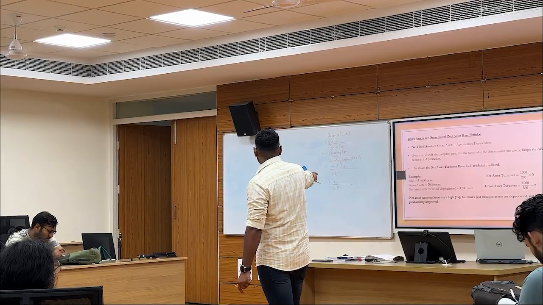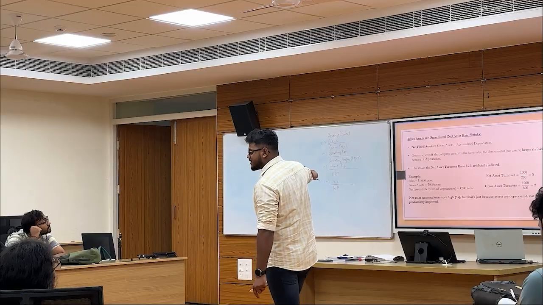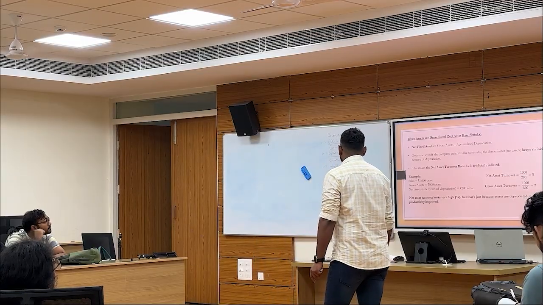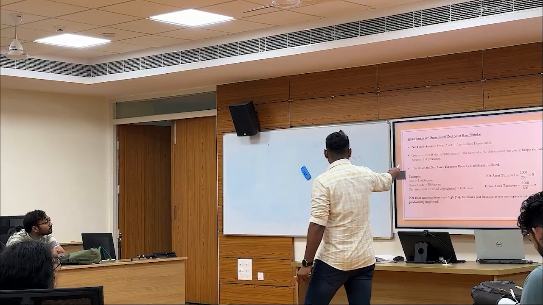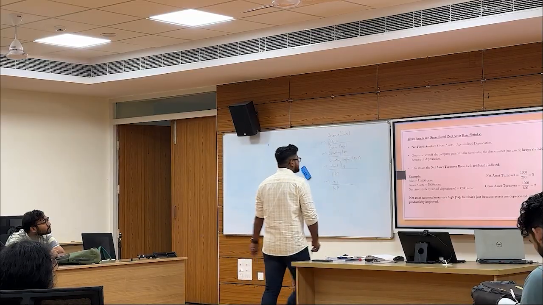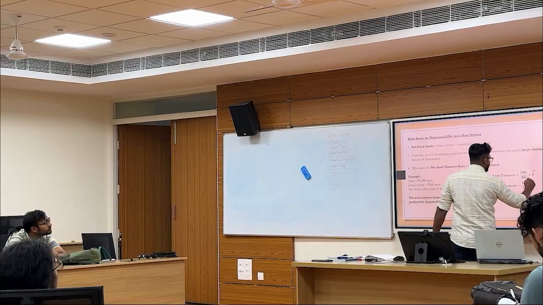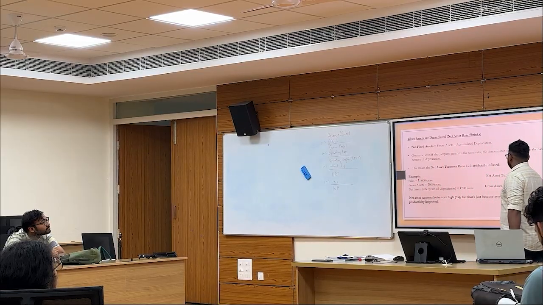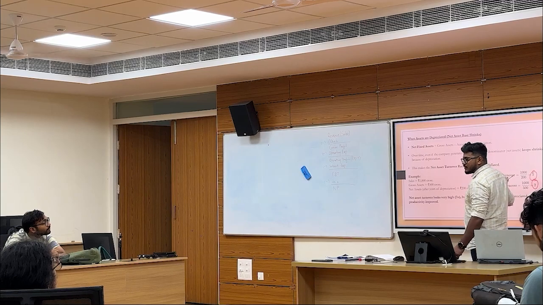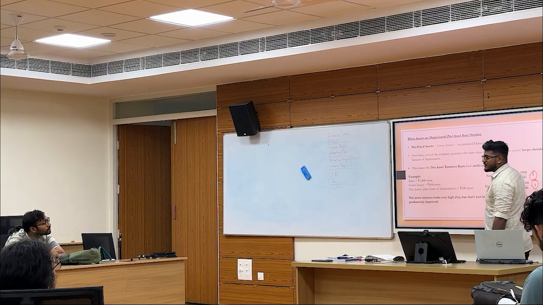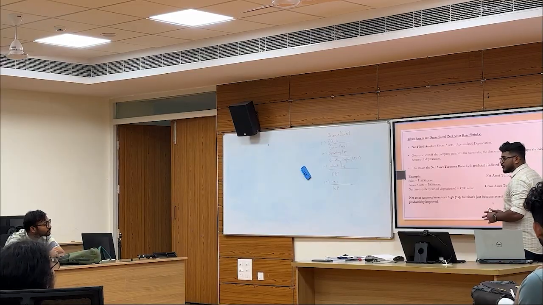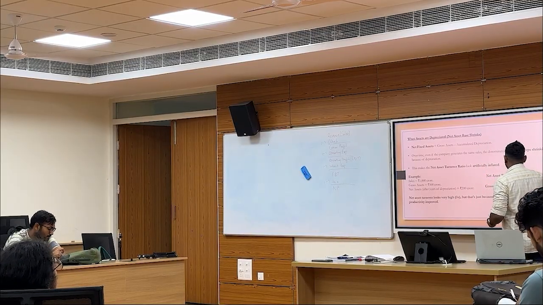There are gross assets of 500 crores, but when we depreciate them, there are net assets of 200 crores. So we can see the difference in both the ratios, net as well as gross. Net assets show a very good ratio of 5, and gross asset turnover shows not a good ratio, below 5.